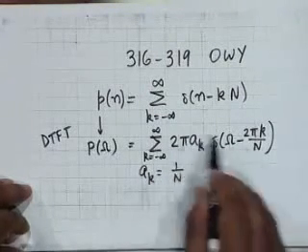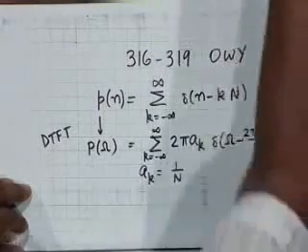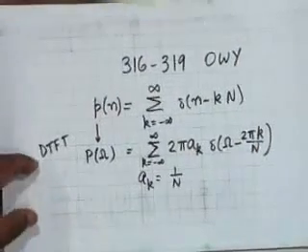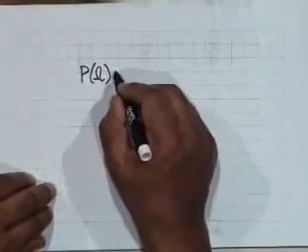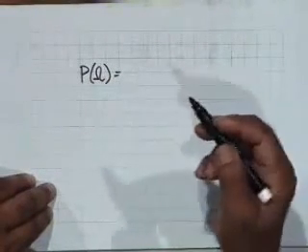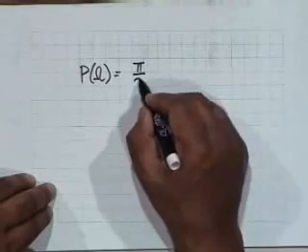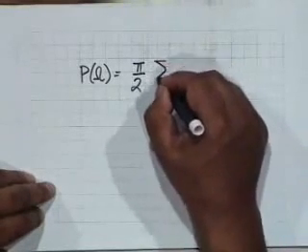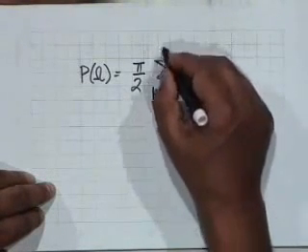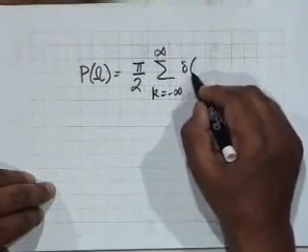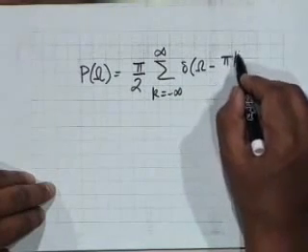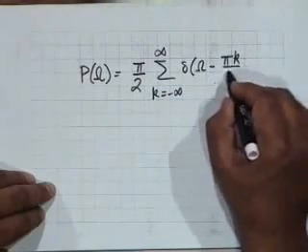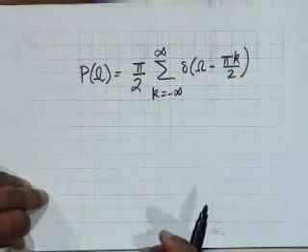Alright. Now, if I apply this to the particular problem at hand, then my capital N is equal to 4, and therefore my capital P of omega will be equal to twice pi divided by 4, that means pi by 2, summation k equals minus infinity to plus infinity, delta of omega minus pi k divided by 2.